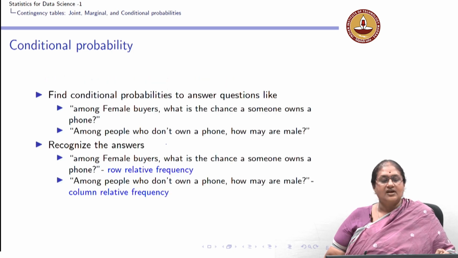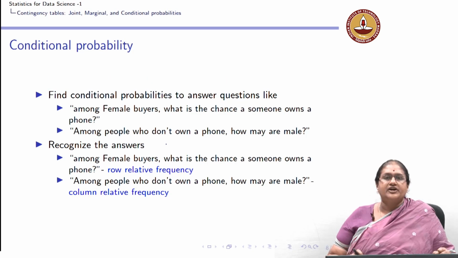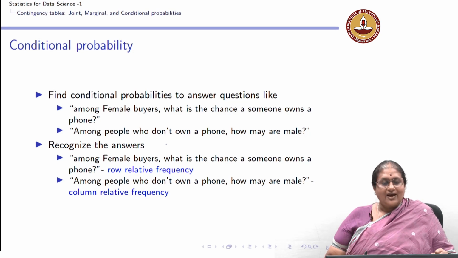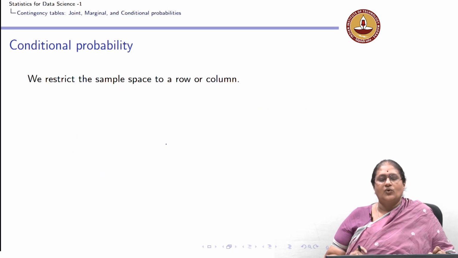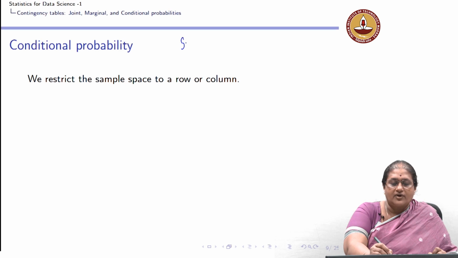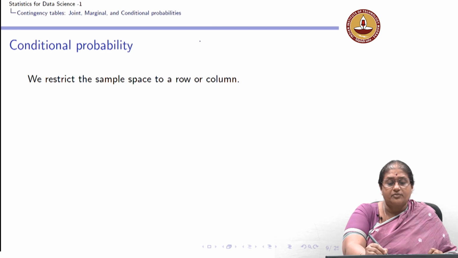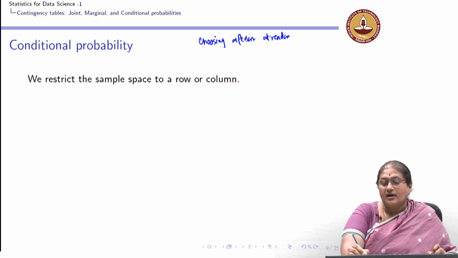In other words, to put it in the framework of conditional probability, I am restricting my sample space. First I need to understand what my experiment is here. In the experiment I am choosing a person at random, and I am recording their gender and their ownership status.